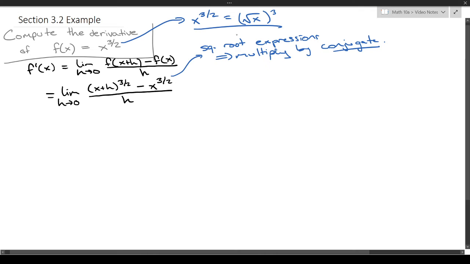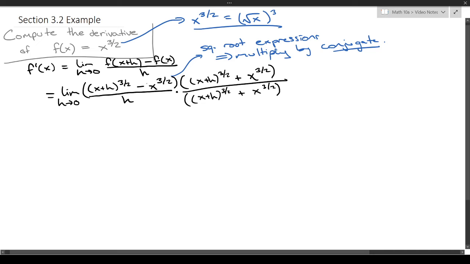And so here, the conjugate would be x plus h to the 3/2, and we change this minus sign to a plus sign, so that'd be plus x to the 3/2. And we can't just multiply by that, of course, so we have to multiply the numerator and the denominator by this quantity.